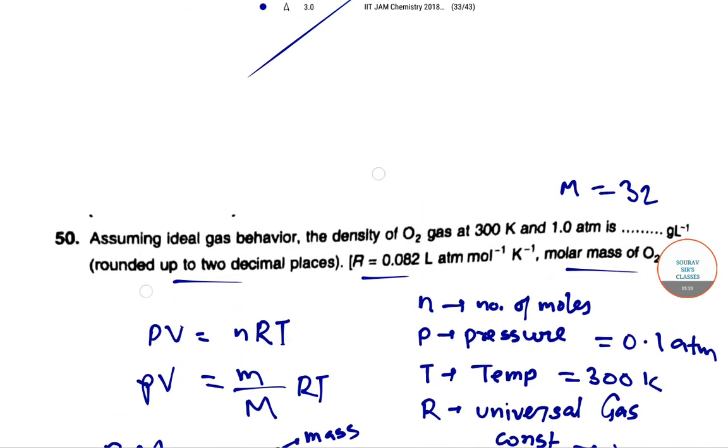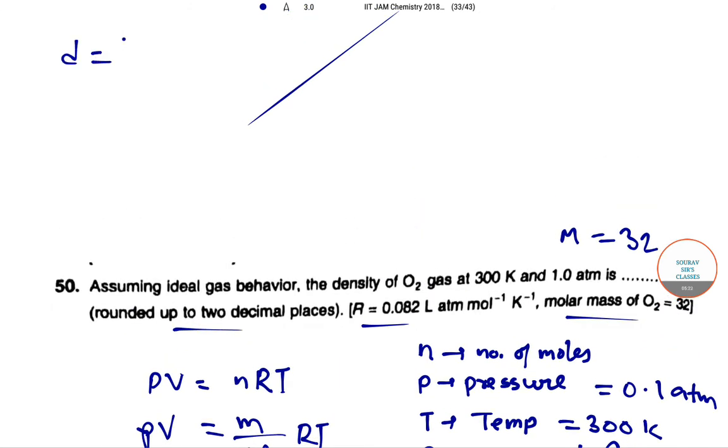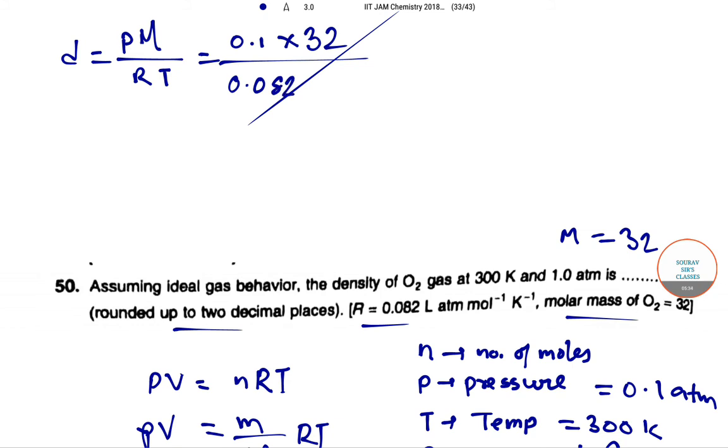So putting these values in this equation, D equals P capital M by RT, we will put P equal to 1.0 atmosphere, molar mass of oxygen 32, R as 0.082, and temperature 300. So density will be in gram per liter.